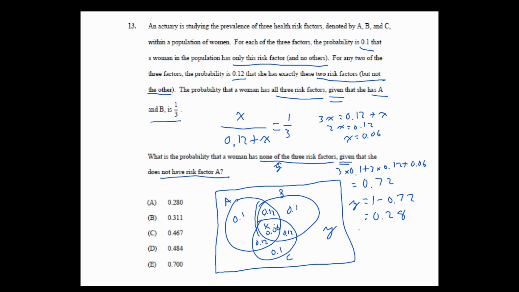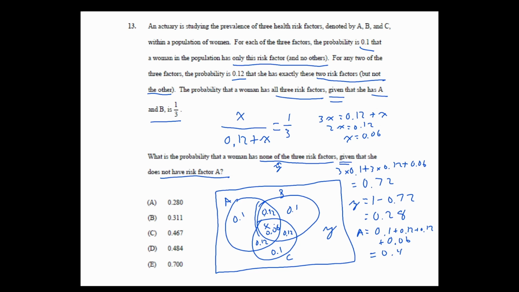A is going to be the addition of 0.1 plus 0.12 plus 0.12 plus, you have to remember, the intersection where all three risk factors are included, and that's going to equal 0.4.